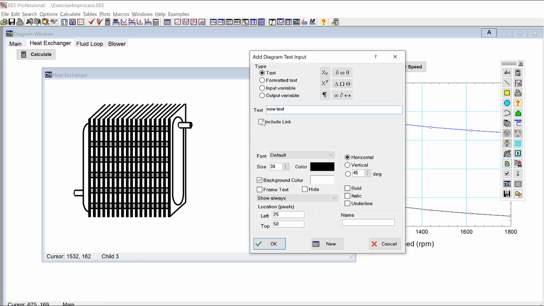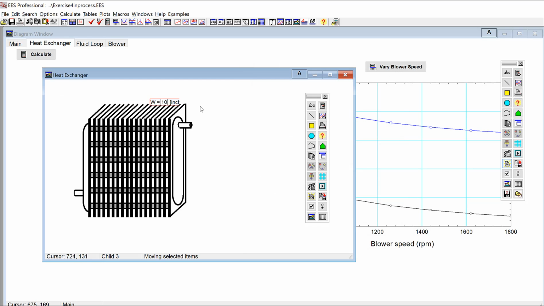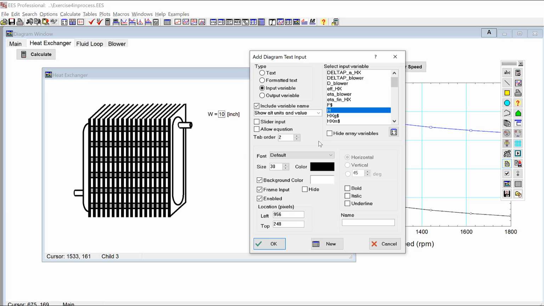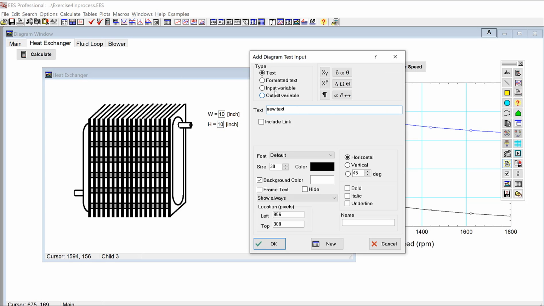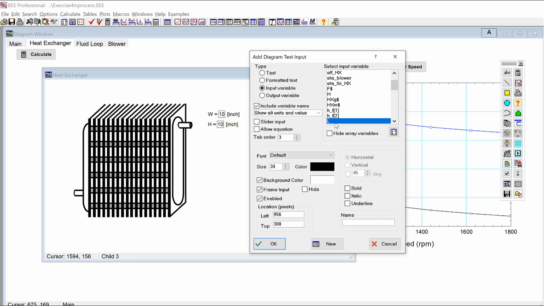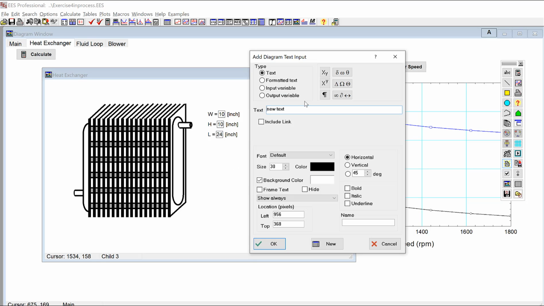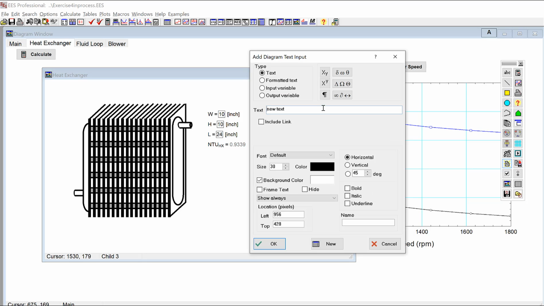And here we'll put in the width, and the height, and finally the length, like that. And maybe some output parameters like, I don't know, maybe we want to know the NTU of the heat exchanger and the effectiveness of the heat exchanger.